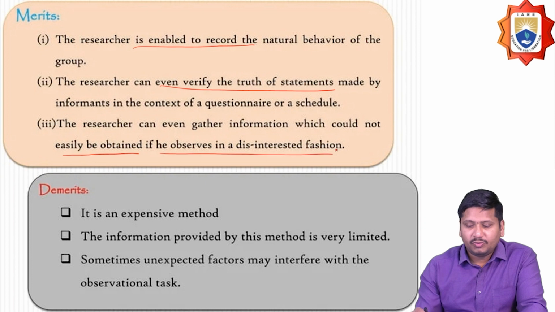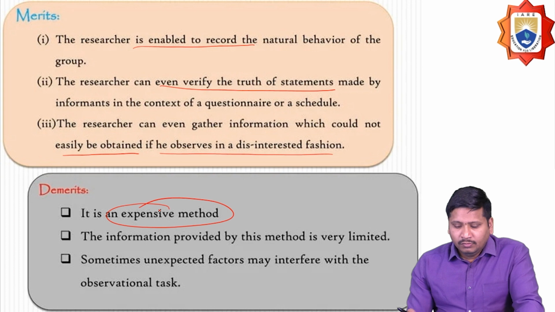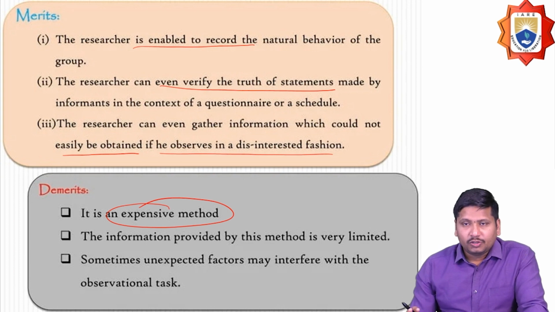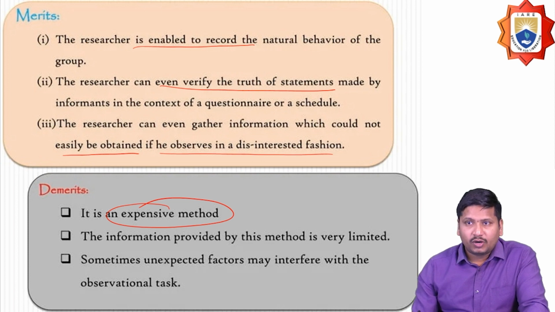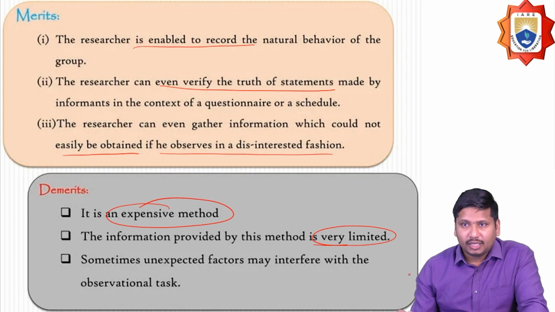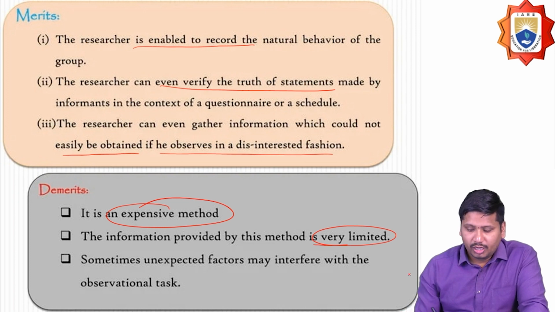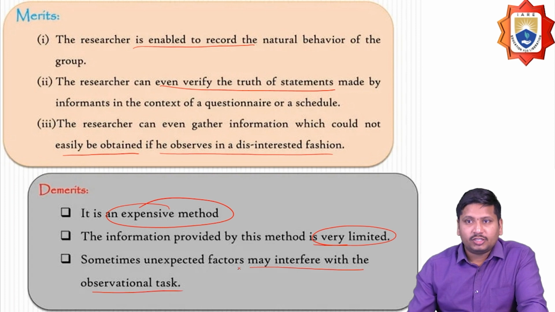The demerits or disadvantages are that it is a very expensive method, since you incorporate very little information and more expenses have to be incurred here, and the information provided is very limited, and sometimes some unexpected factors may interfere with the observational task.